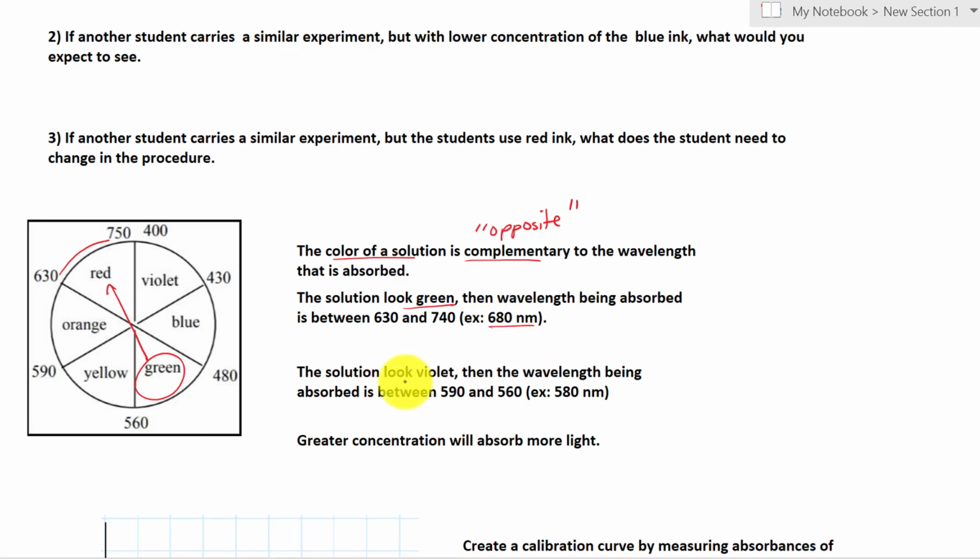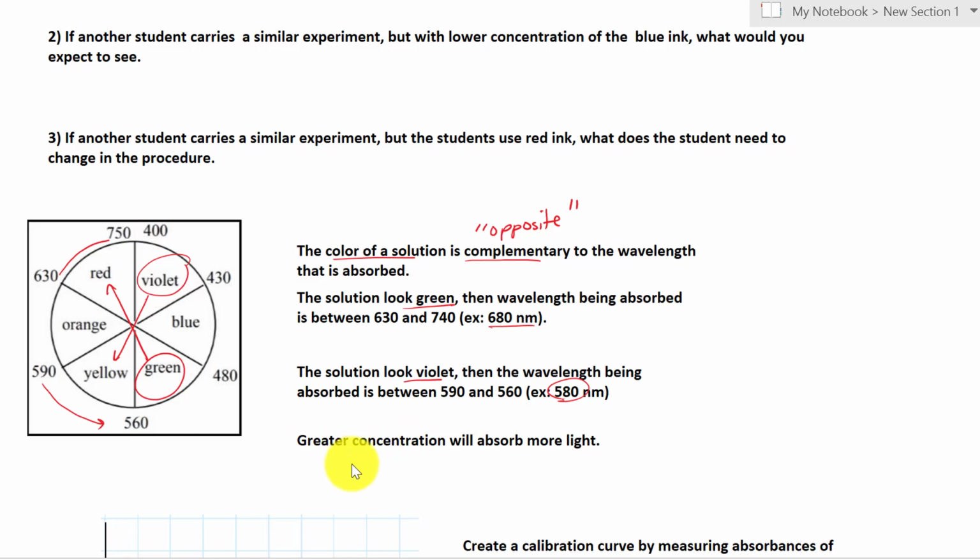Now say the solution looks violet. Where is violet? Right here. And what is the complementary color to violet, which is the opposite? In this case, yellow. So the wavelength being absorbed is between 560 and 590. An example would be 580.